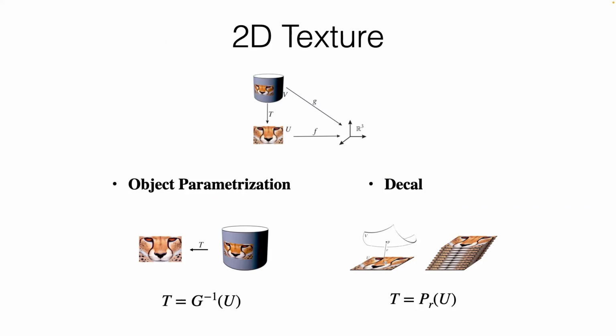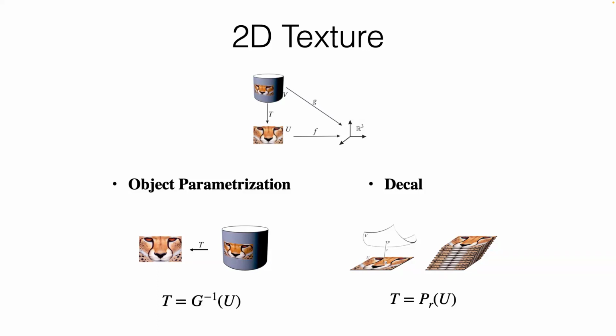And then for this coordinate mapping here, you have this function T, that's the inverse of this parameterization of the cylinder that maps the image on the cylinder. And then there's a different one, if you have an implicit surface and you want to project that, you can do a decal projection.